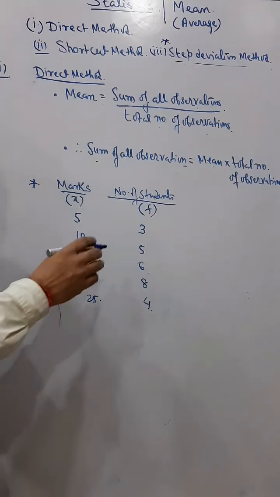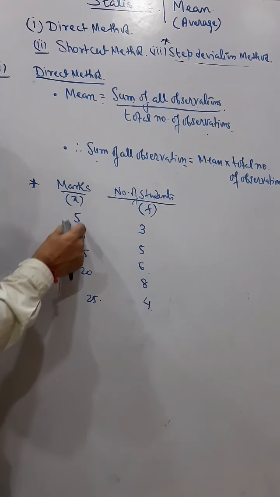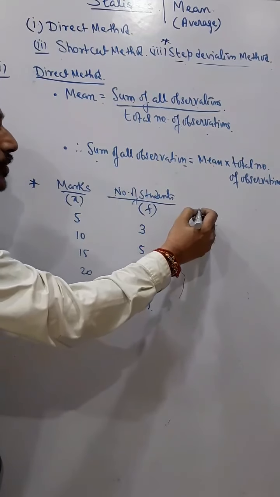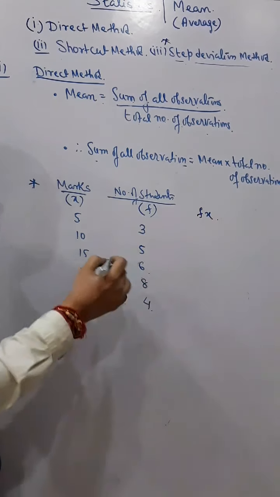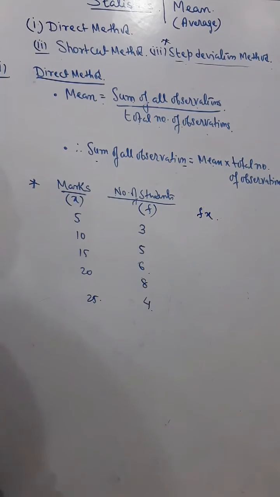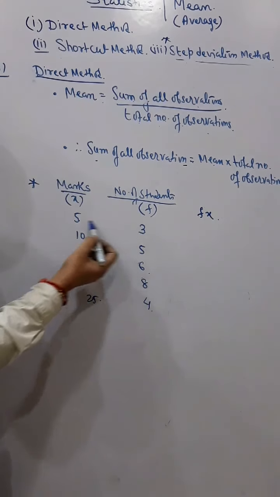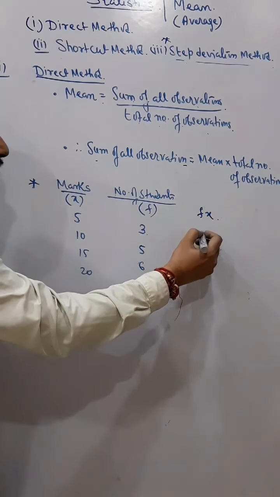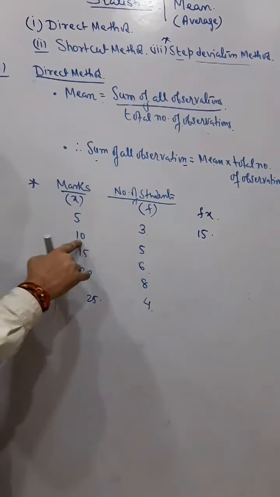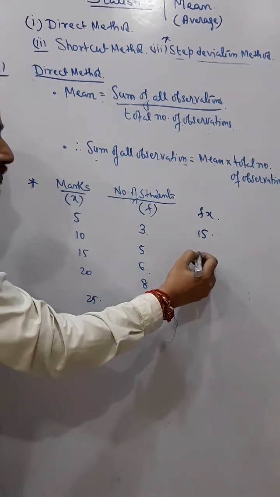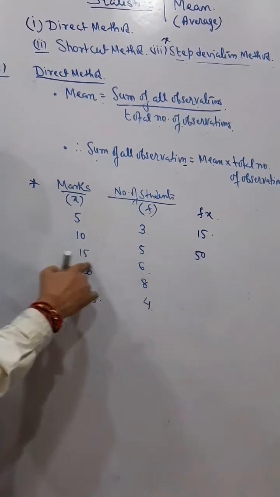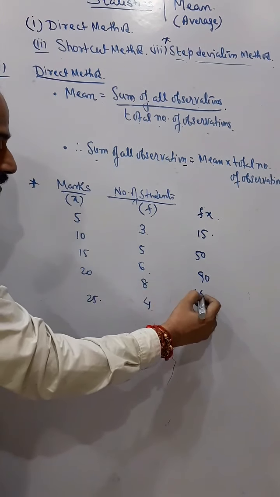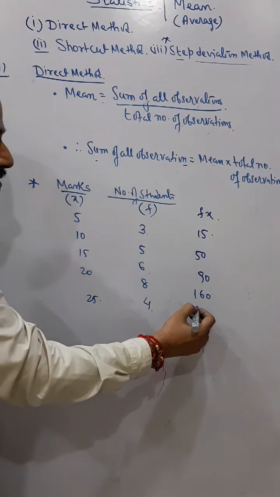Now mean means sum of all observations by total number of observations. So we first find the total of each and then we find the final total. For that we have to do fx, that means f into x. So 3 students got 5 marks, so their total marks become 5 into 3, which is 15. Now this becomes 50, this becomes 90, this becomes 160 and this becomes 100.